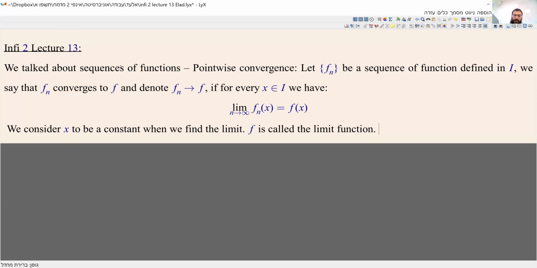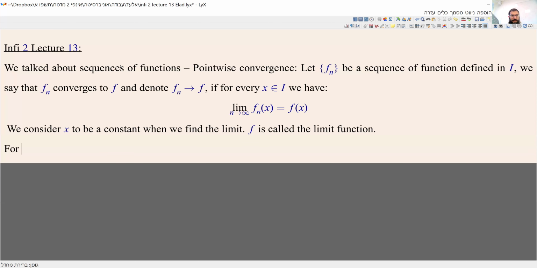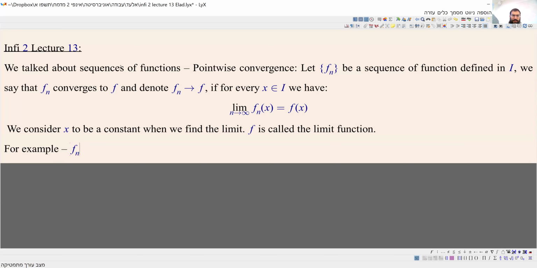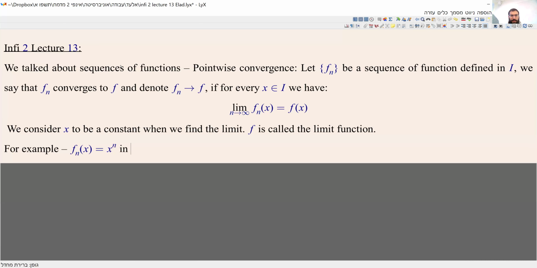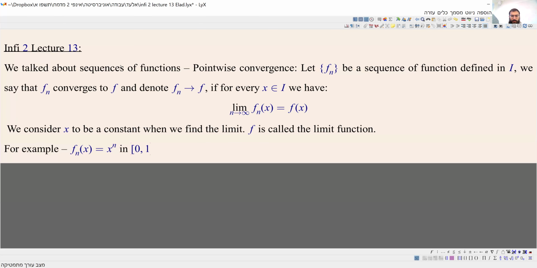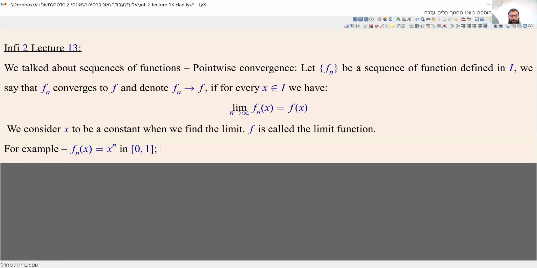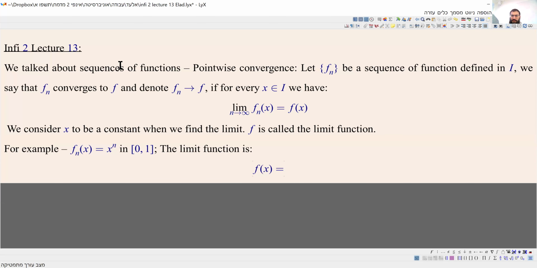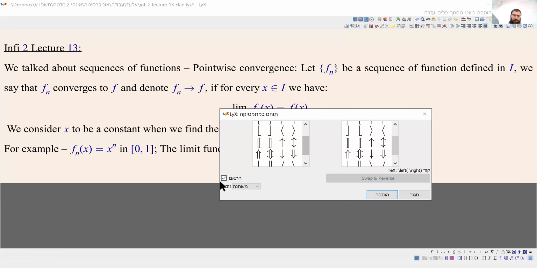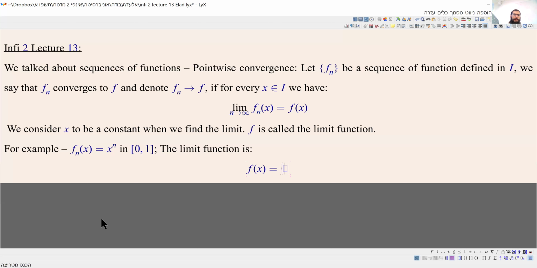For example, we saw that, still a reminder, fn(x) equal to x to the power of n in the segment 0 to 1. The limit function is 1 when x is 1, because 1 to the power of n is just 1.